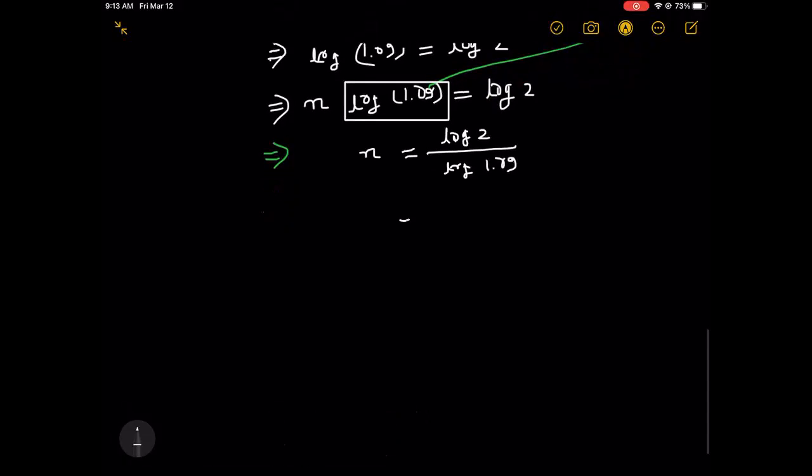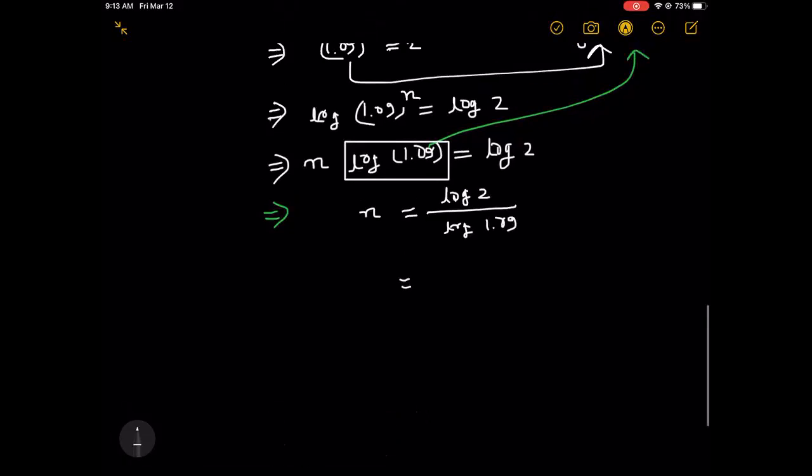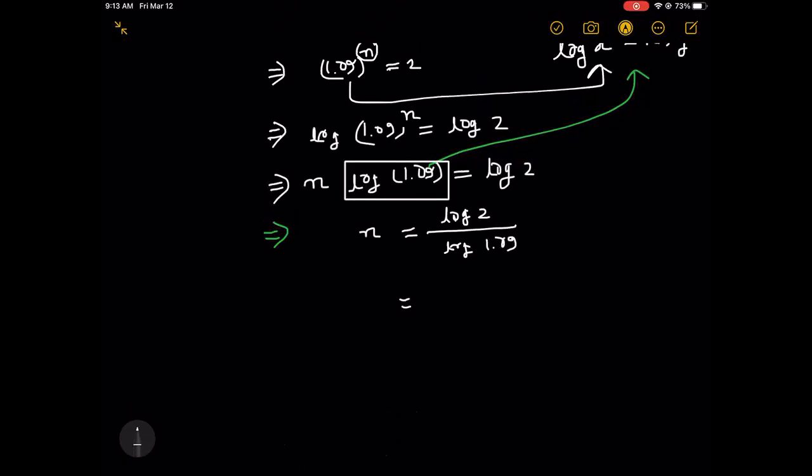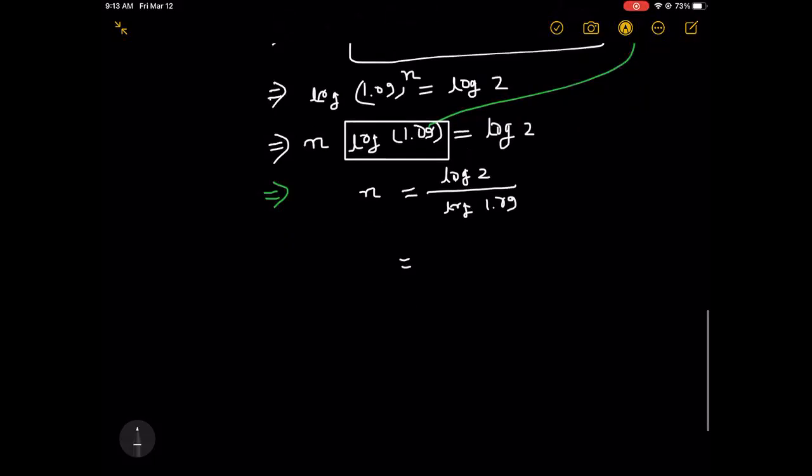Okay. And now again, you can use your calculator and check what it gives you. So log of 2 will be 0.30103 divided by log of 1.09. So I guess it will give 8.04.